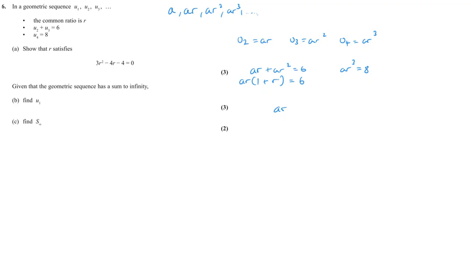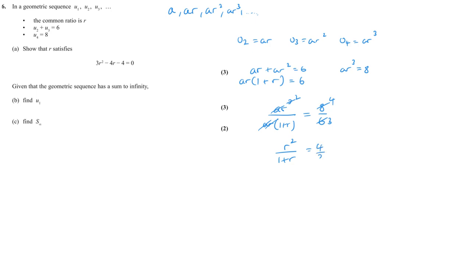So AR cubed over AR(1 plus R) is 8 over 6. The A's will cancel, one R will cancel, so that leaves me with R squared over 1 plus R equals 8 over 6. 8 over 6 could have been 4 over 3.